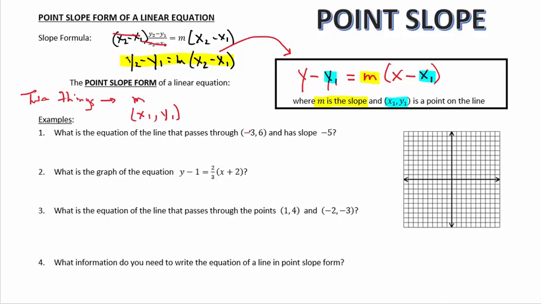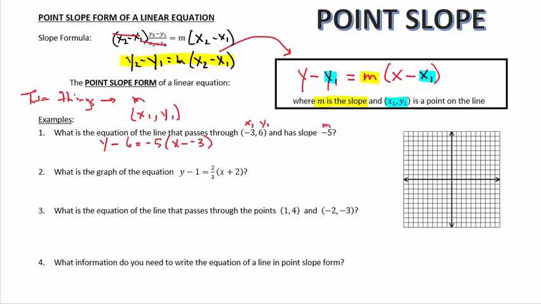In this problem, negative 5 is our m, and negative 3, 6 is our x1 and y1. So all we do is plug those into the equation. y minus y1, which is 6, equals m, negative 5, times x minus x1, negative 3.